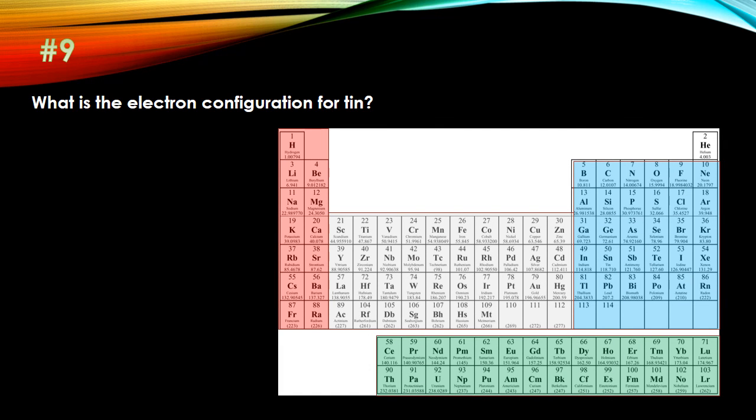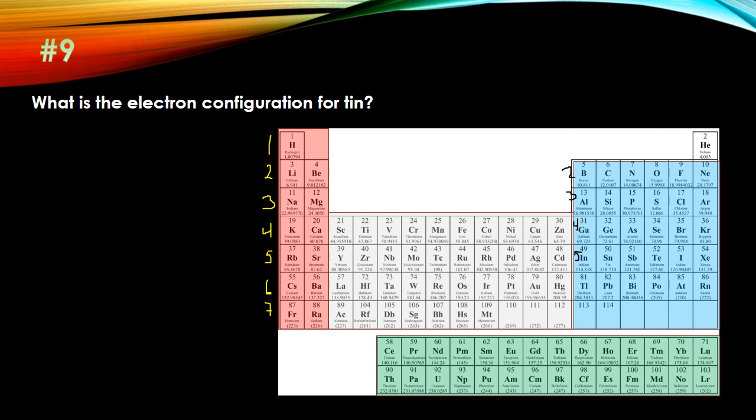All right, what I like to do, and I'll say it again, I like to put my numbers in. 1, 2, 3, 4, 5, 6, and 7, 2, 3, 4, 5.